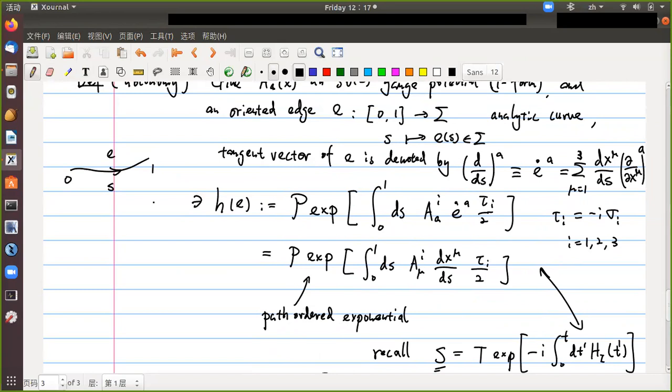So this h_e belongs to the SU(2) group, but this A belongs to little su(2), which is usually the notation for the Lie algebra, and here this is the Lie group.